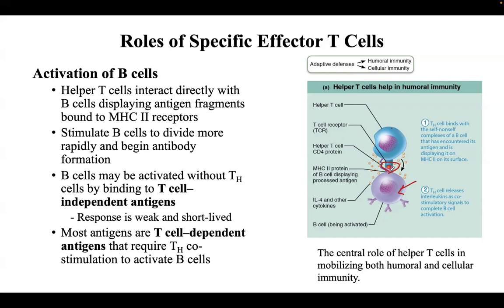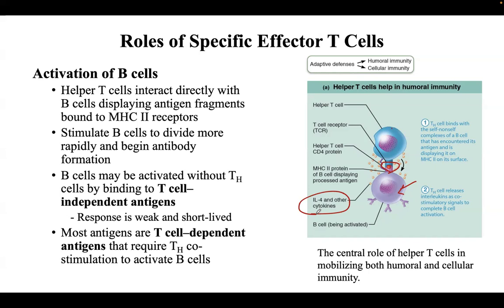When this is happening, the T cell is releasing some interleukins, more specifically IL-4 and other kinds of cytokines. And when these interleukins are produced, they stimulate the production of co-stimulatory molecules that can activate the B cell. And after this, the B cell can, for suppose, act on an antigen itself. So this is another way that a B cell can be activated.